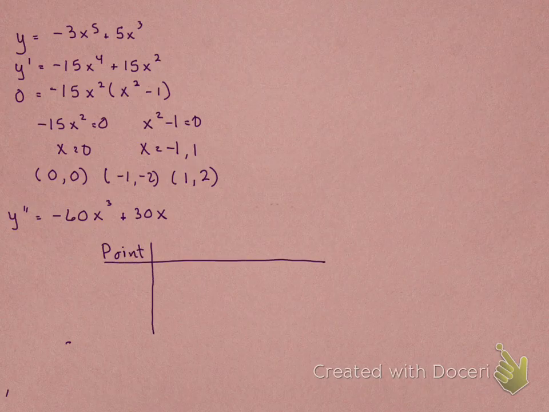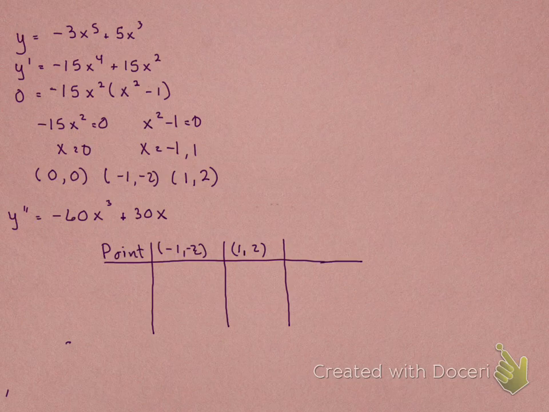We've got the point 0, 0, -1, -2. That looks stupid. Sorry, guys. +1, +2. So these are the coordinates where y prime was equal to 0. We got the x's, plugged in those x's, and found the y's. So these are all the points, okay?